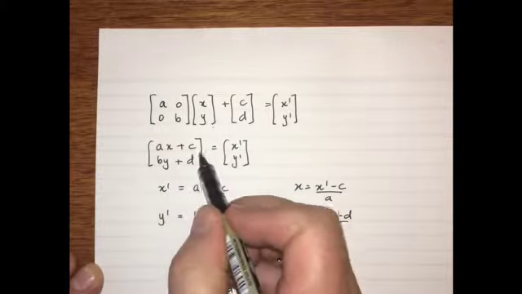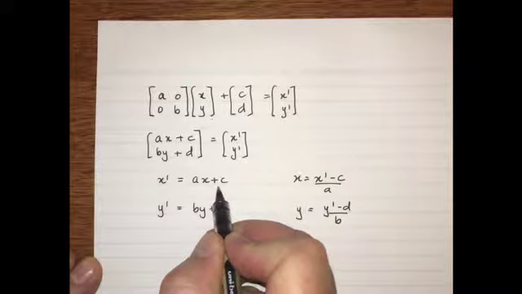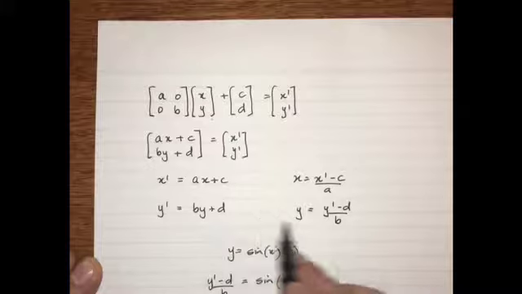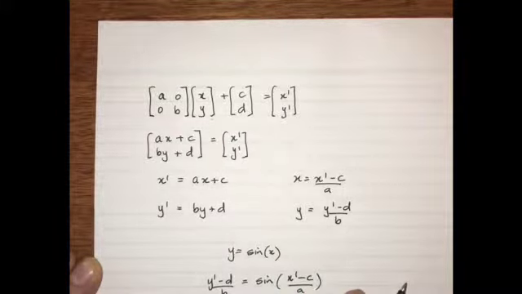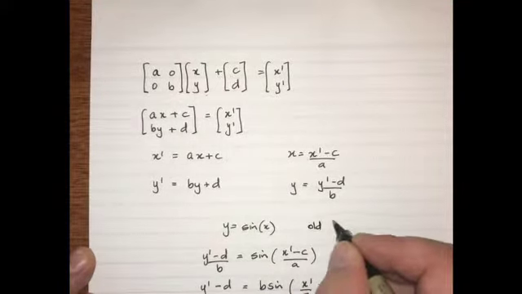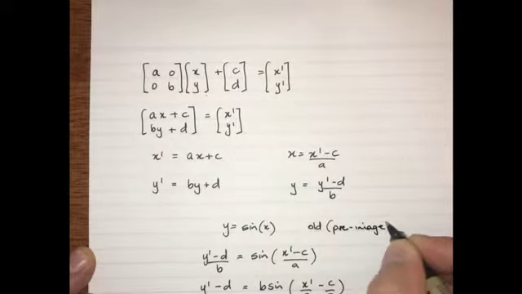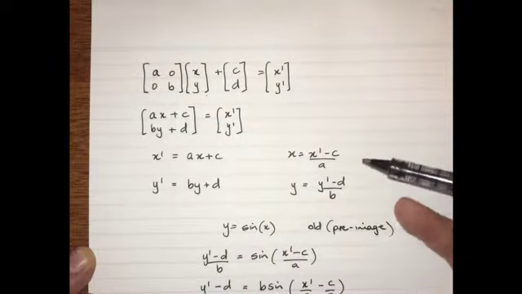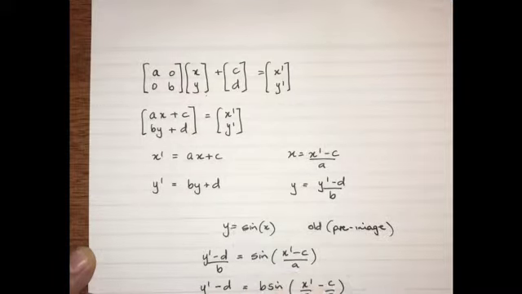If we multiply out the matrices, we get these expressions here: x dash equals ax plus c, rearrange to make x the subject; y dash, rearrange to make y the subject. Since y equals sine x is our old, or pre-image, it is this curve that we want to transform. So we're going to substitute values in for x and y.